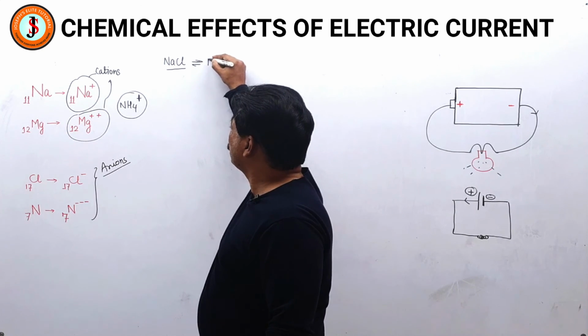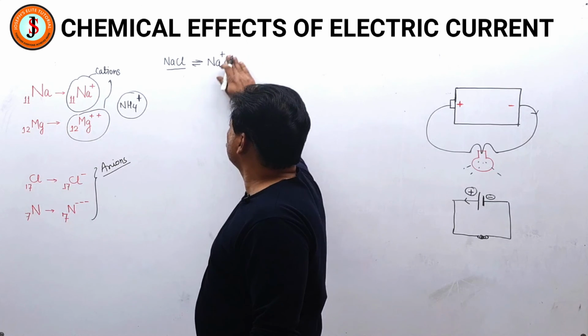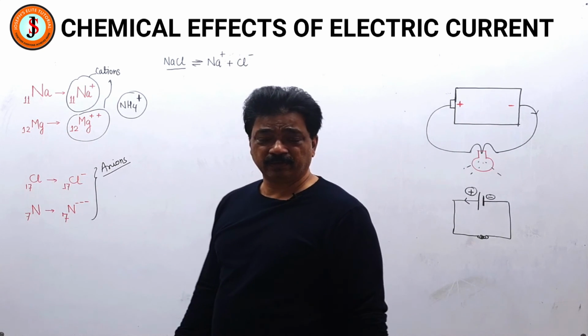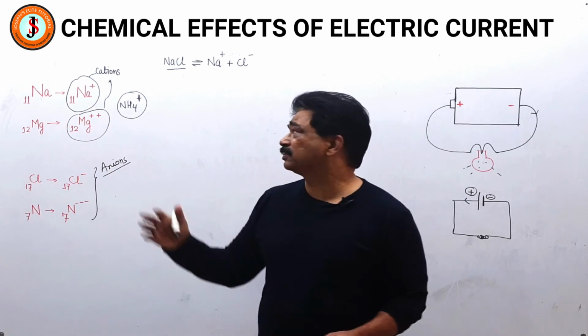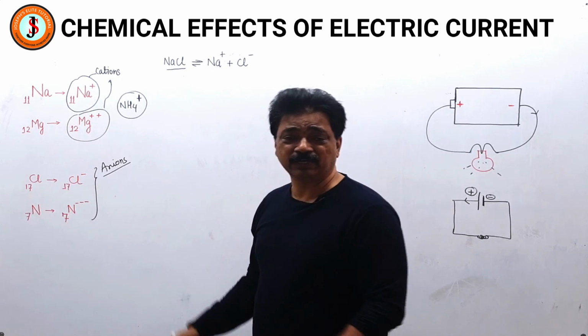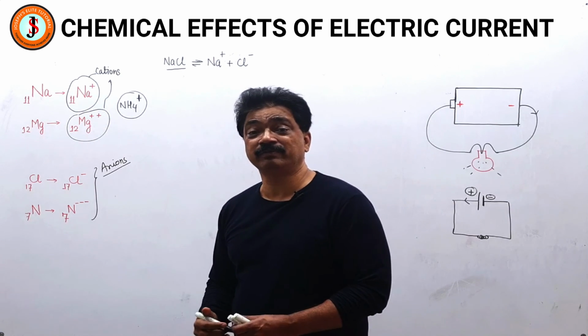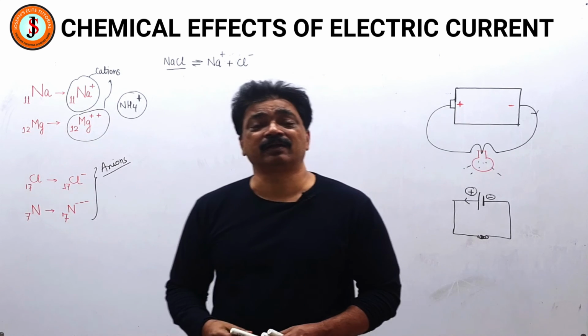In the aqueous solution, again they separate. In the aqueous solution, sodium and chloride ions will separate. In the molten state they will also separate. These compounds which are formed by positive and negative ions are called electrovalent compounds or ionic compounds, and they always dissociate into ions in molten or aqueous solutions, and all of them will conduct electricity.